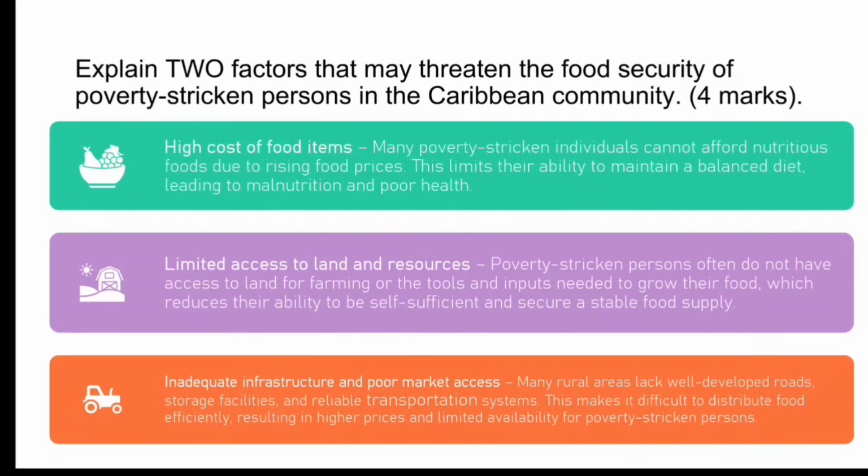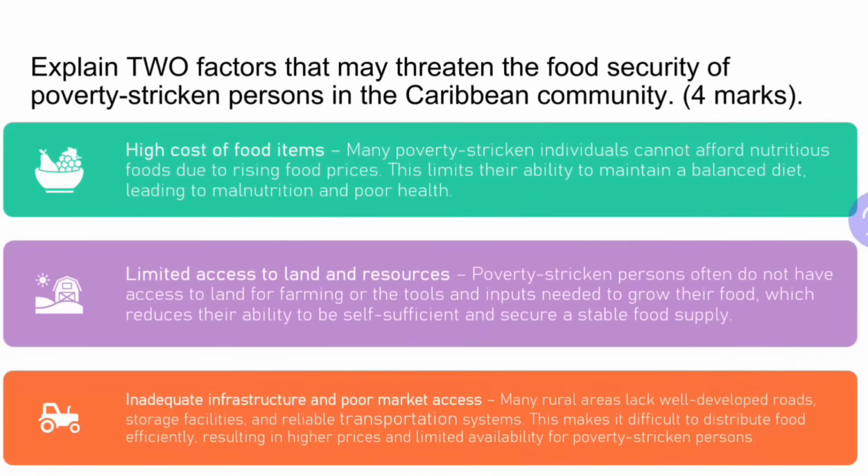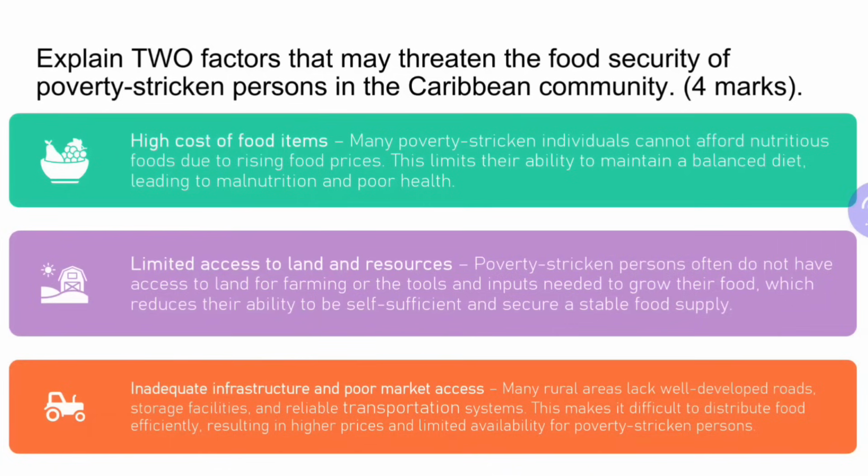Now, many rural areas lack well-developed roads, storage facilities, and reliable transportation systems. This makes it difficult to distribute food efficiently, resulting in higher prices and limited availability for poverty-stricken persons. All right. The question required you to explain 2. We looked at 3 because it's always good to have some extras in the bag, in the brain, right?